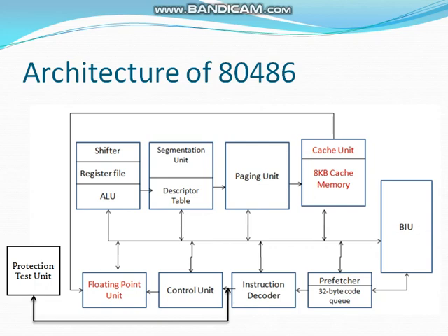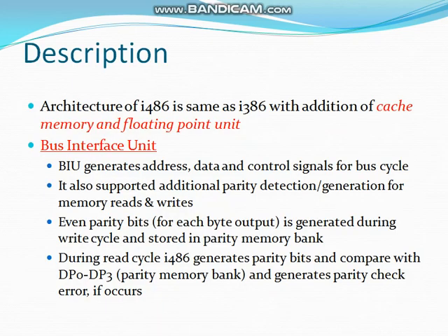Those who want to read more, watch my previous video related to the architecture of the 80386. Apart from these two blocks, the remaining parts of the 486 architecture are the same as in the 386. So we are discussing one by one, point wise.